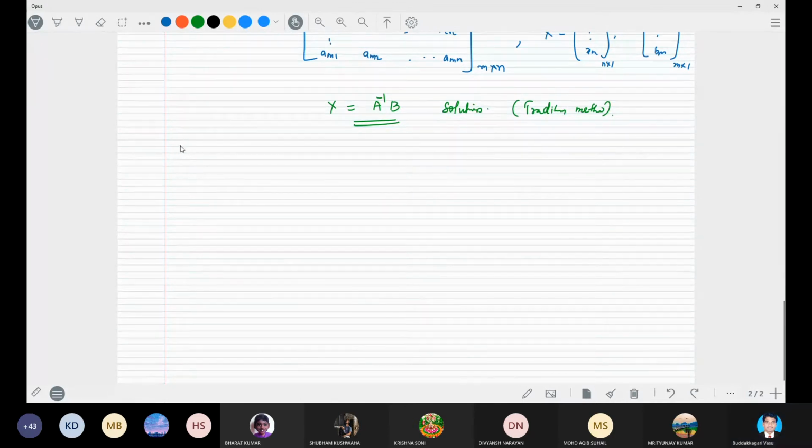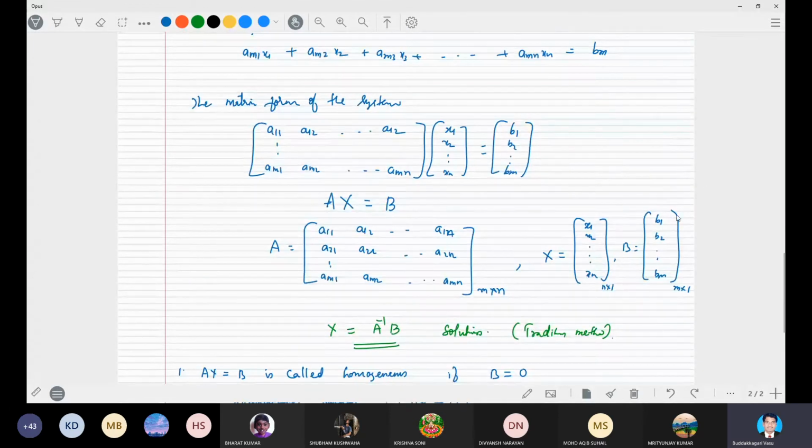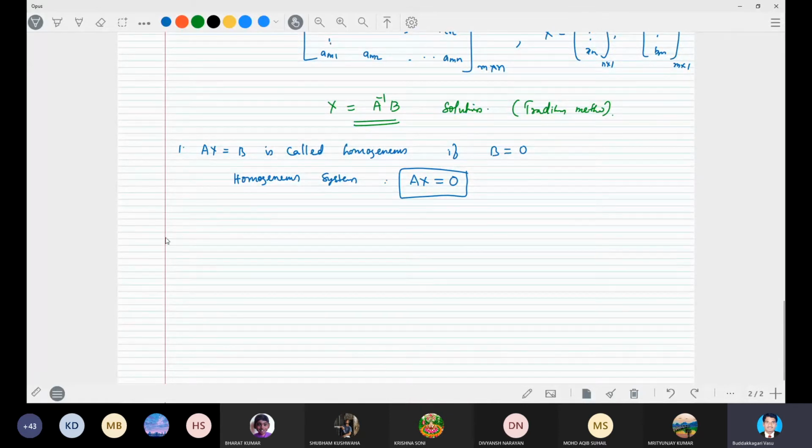Number one, the system AX is equal to B is called a homogeneous system if B is equal to 0, that is, the homogeneous system is AX is equal to 0. If the right hand side matrix is 0, that means all the b's are 0, then that system is said to be a homogeneous system.